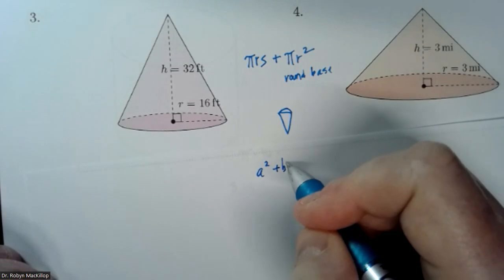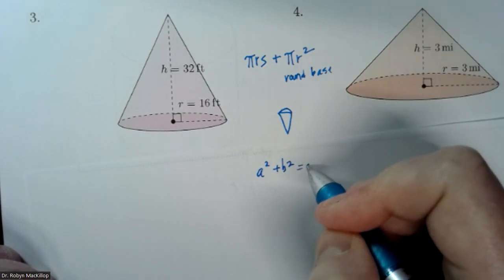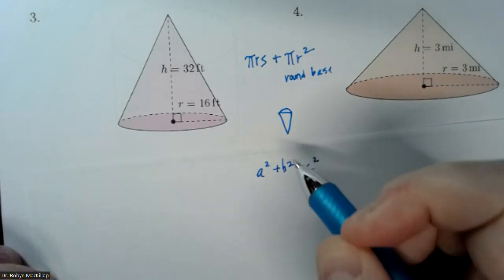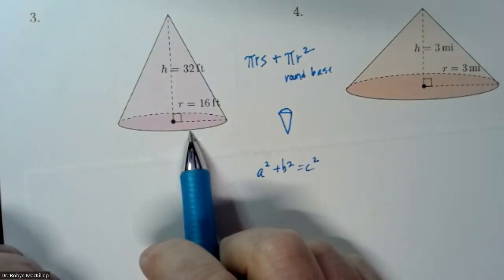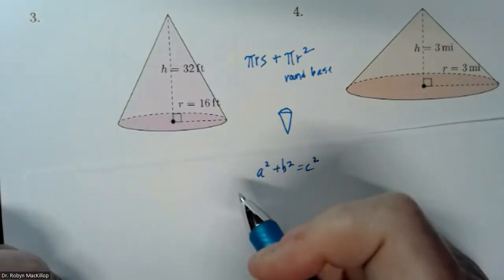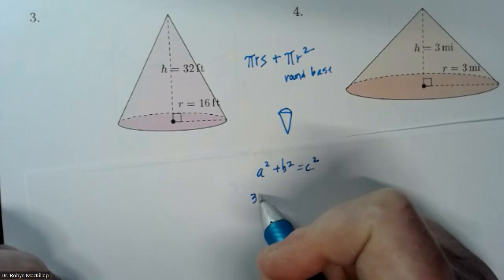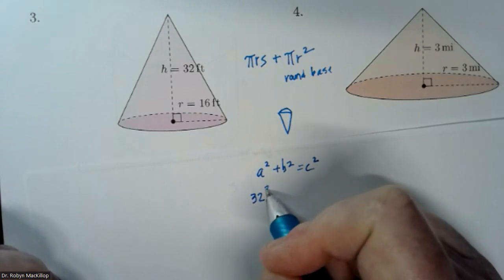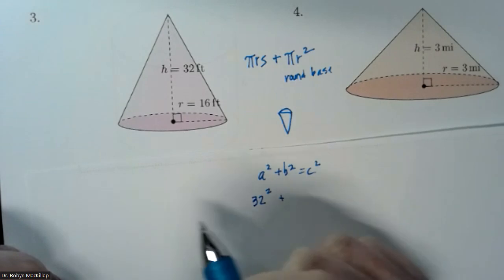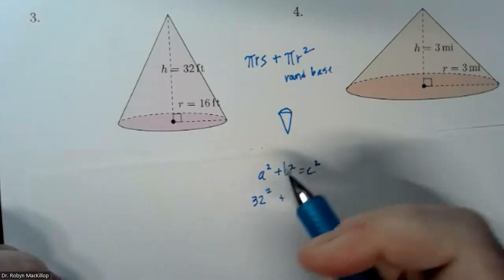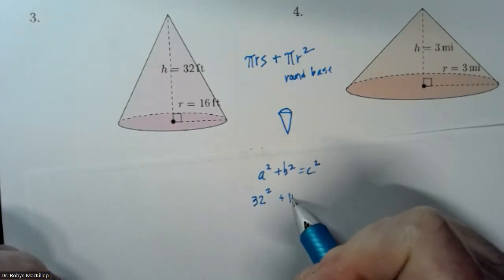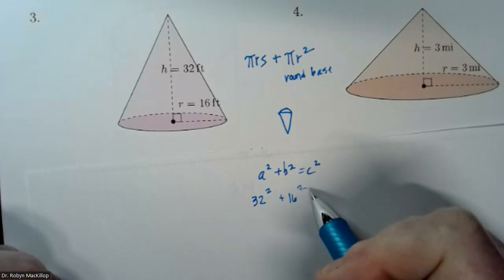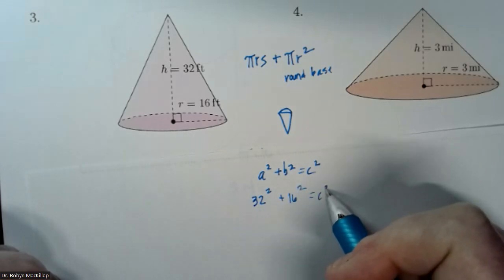A squared plus B squared equals C squared. We know A is 32, and we need to square that, plus the bottom, the base, 16, square that, equals C squared.